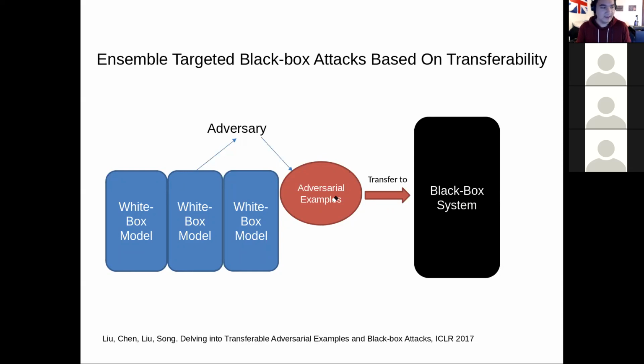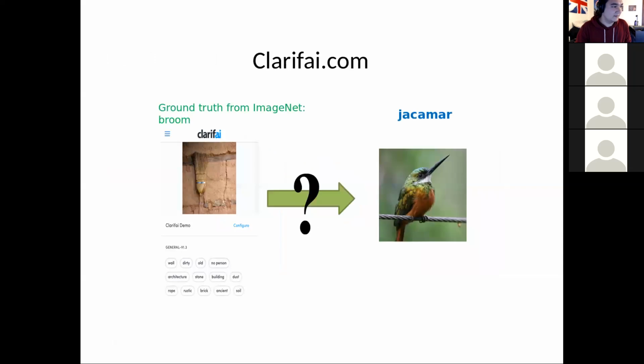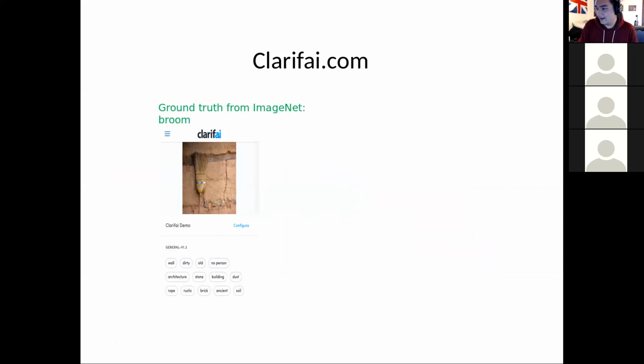And we can see that generally it's really hard to do this, right? A zero query targeted attack against a black box system is very difficult to do in practice. But one of the things that has been done, if we look at this, is we can actually use these zero query black box attacks to attack online systems.